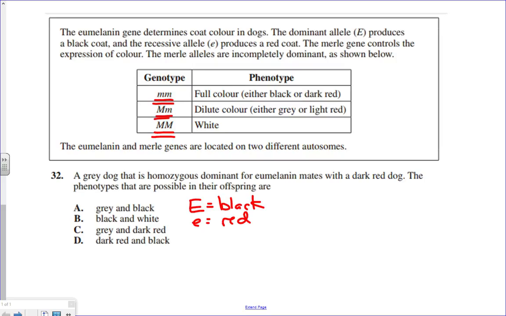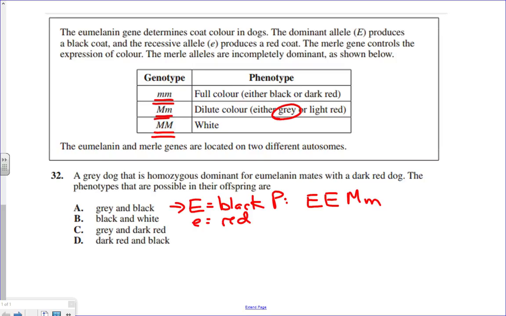So in this question it says a gray dog that is homozygous dominant for the eumelanin mates with a dark red dog. So a gray dog, we've got gray right here, that means they must be big M little m, and it says that it's homozygous dominant for E's. So that means our first dog in our P generation is big E, big E, and then it must be heterozygous to come out gray.